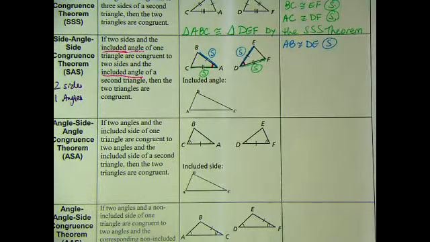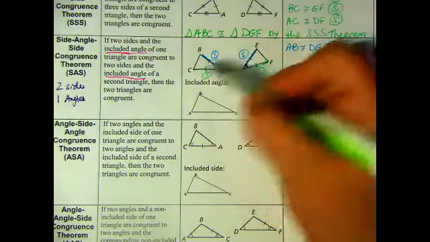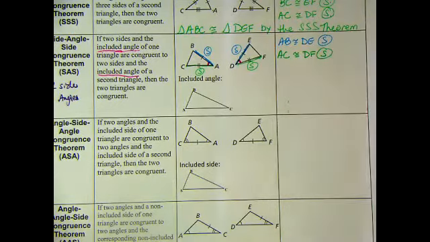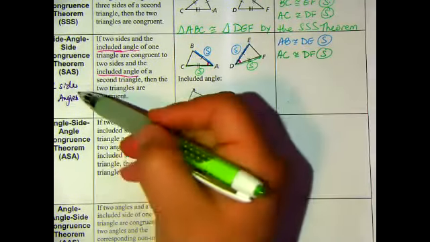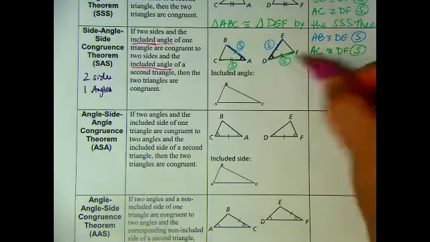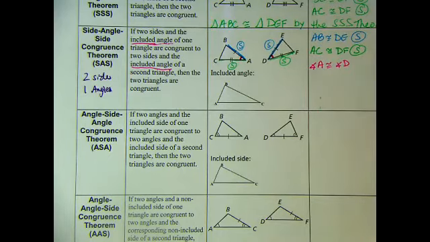I have my side AC congruent to my side DF. That's my second side. So I have the two sides that I need. The angle that I have that's congruent is angle A and angle D. So I know that angle A is congruent to angle D.